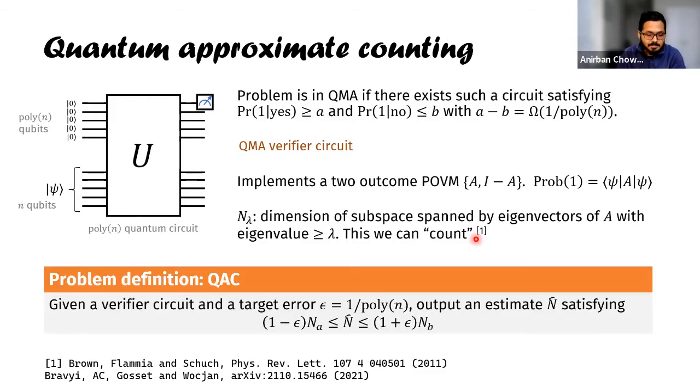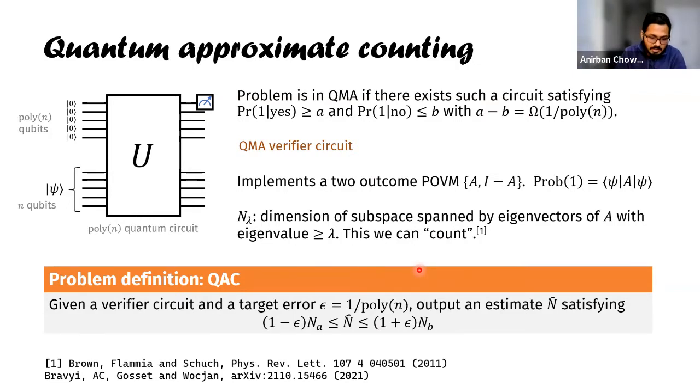We define an approximate version of this by saying we want to return an estimate n hat, which is between these two thresholds, with NA on the left-hand side and NB on the right-hand side. This just says that if a state falls within this gap, we can miscount it, and we don't care about that.